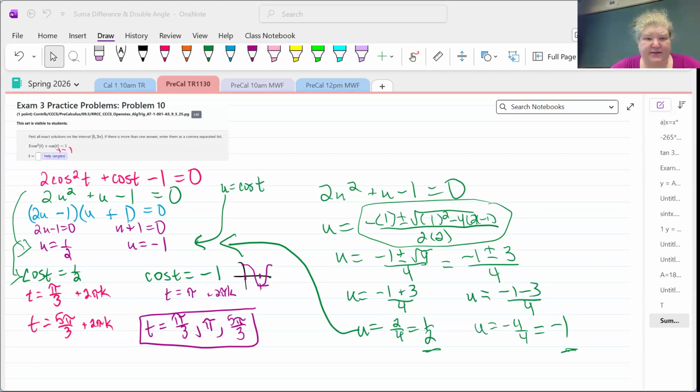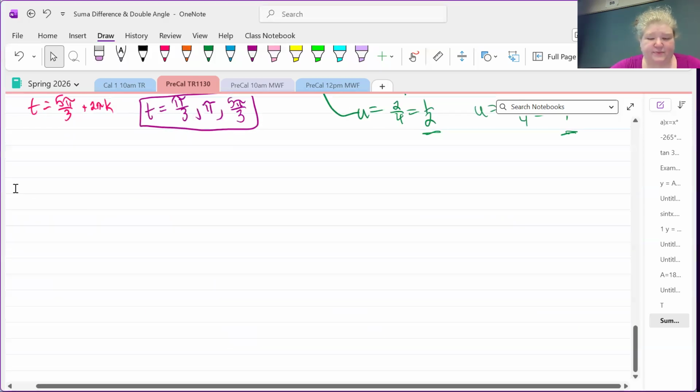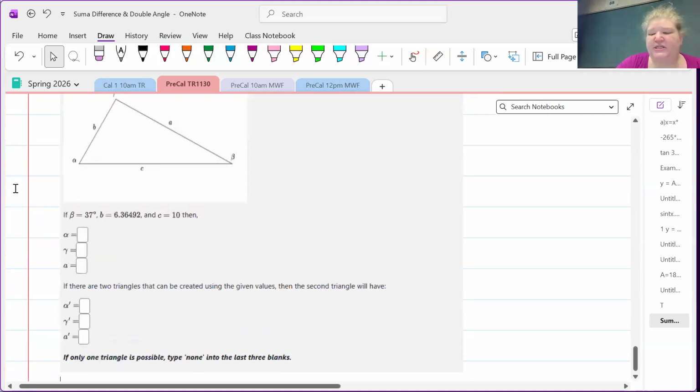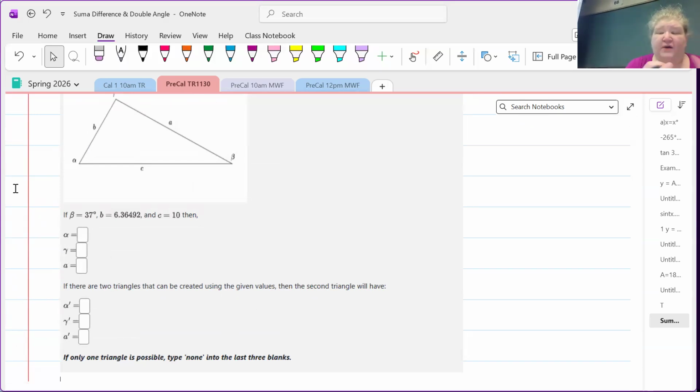So this is the same as the double triangle problem from the 5.1 homework, the one that everyone hates because it's so buggy. This question is the same buggy question, but the calculations we do in this problem are the calculations you will have to do on the test. You're going to have to use law of sines to find an angle, and then use law of sines to find a side. You just won't have to do the second triangle part.